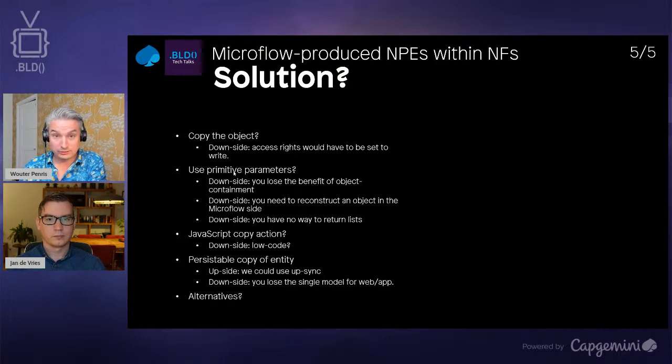So yes, we can use primitive parameters. The downside is that you're sort of losing object cohesion, right? So we're having these objects in the first place to sort of store together a set of attributes, and that's what we're missing right now. And there's no way to return lists like this. There is, but you never know the length of the list.